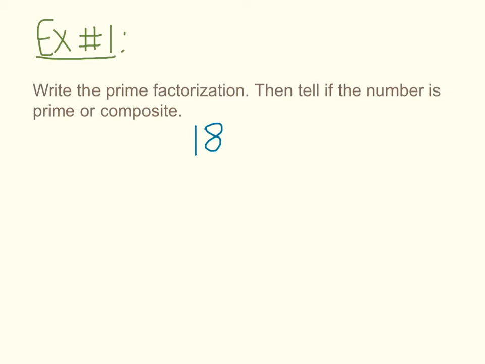Alright, example number 1. So in each example, we're going to write the prime factorization, and we're going to do that by first completing a factor tree, and then we're going to tell if the number is prime or composite. So we have 18, and we are going to break down 18 into 2 numbers.